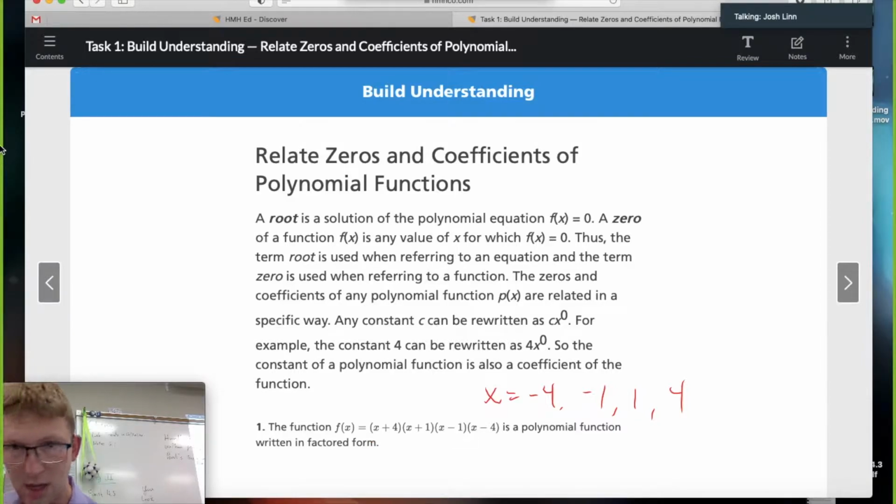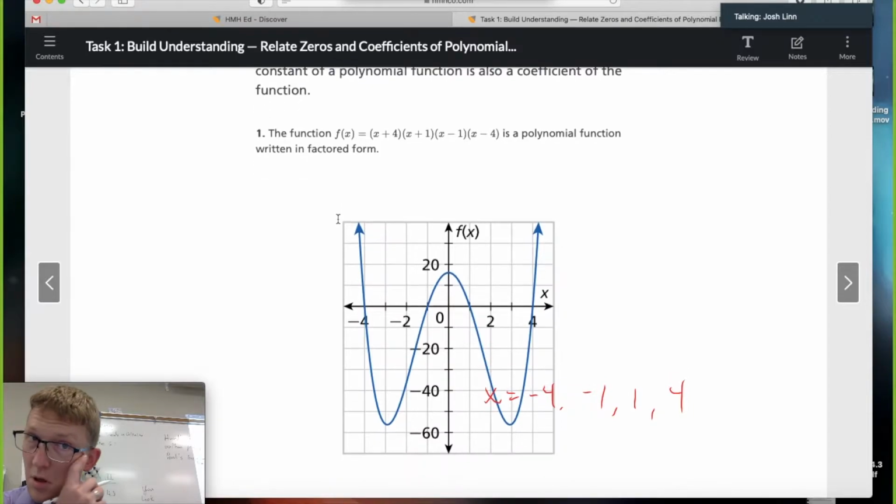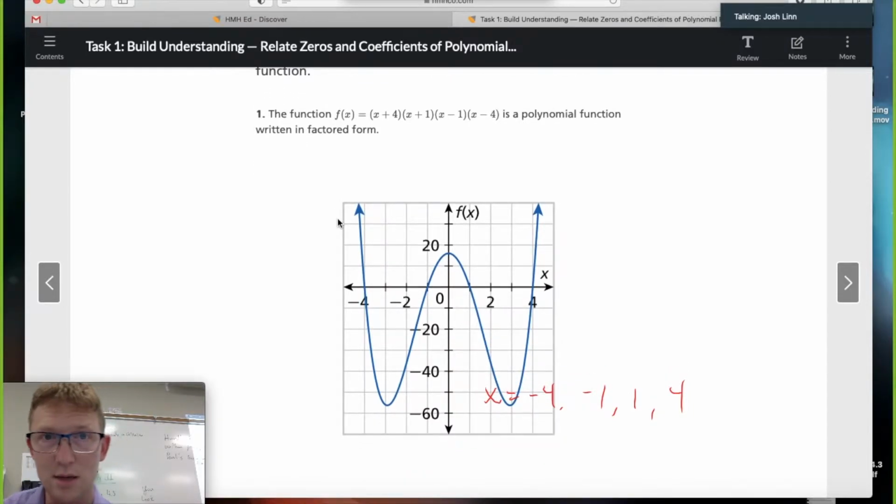As we scroll down, I think that's what they're going to ask us. The function f of x equals all of that stuff is a polynomial function written in factored form. So they conveniently already factored it.